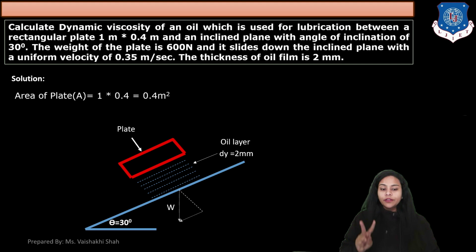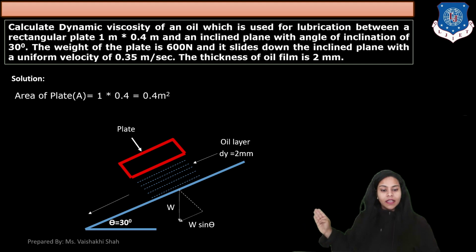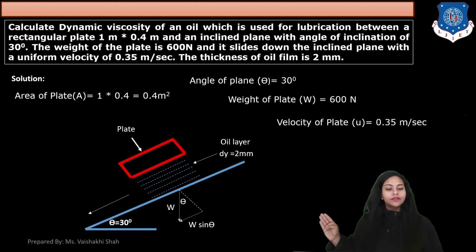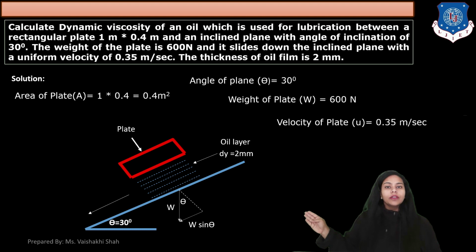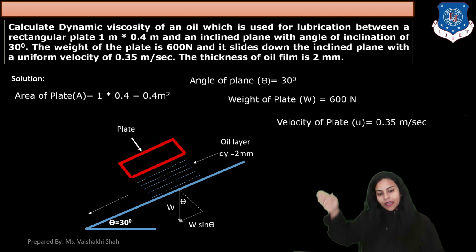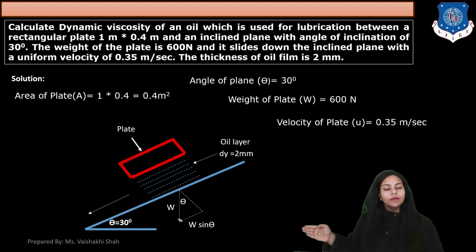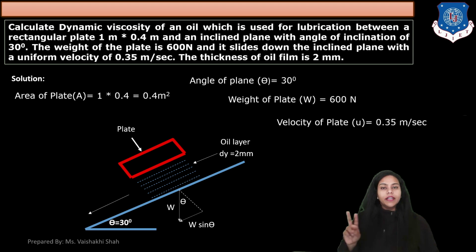So, there are two components of weight: W sin theta along the plane and W cos theta perpendicular to it. The weight is acting downward at angle theta, so there are two components, W sin theta and W cos theta.